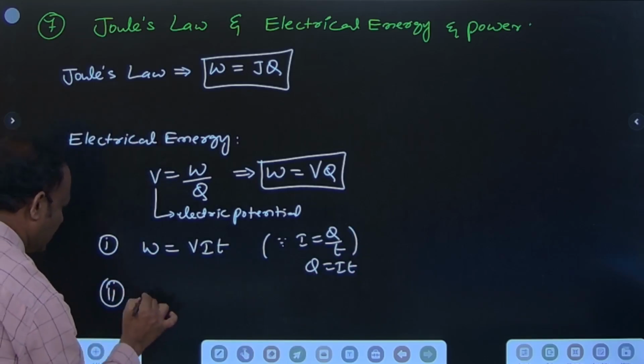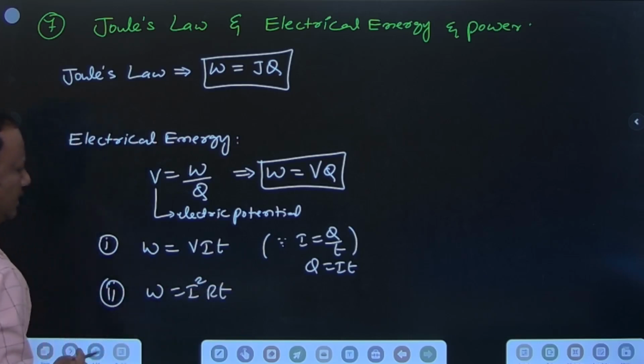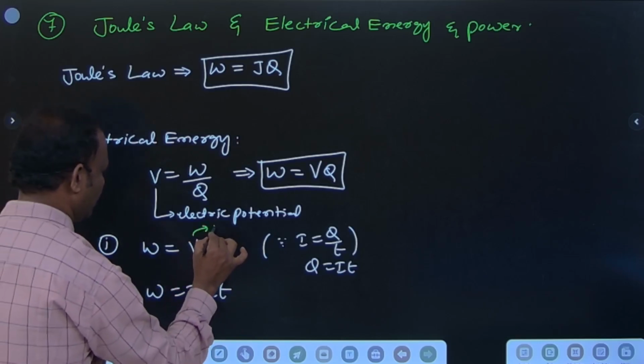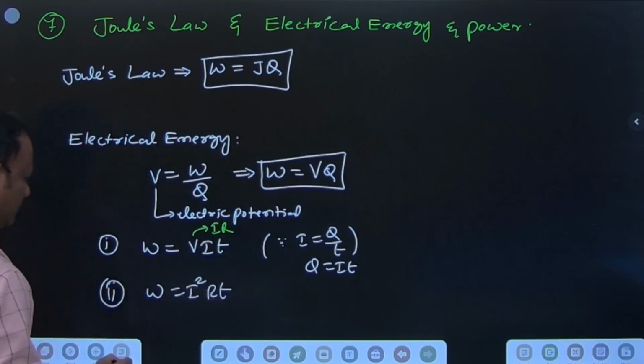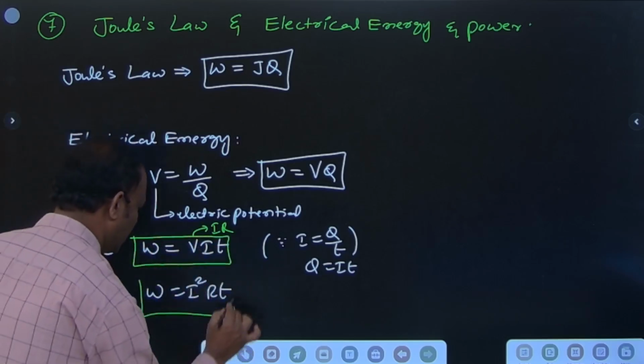For the second one, W is equal to I square RT, because V means IR. So two important relations.